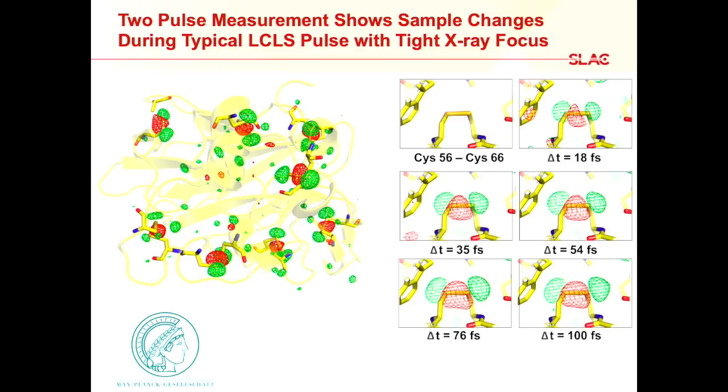So as you can see, they just fly farther apart. As I said, green is where they're going and red is where they used to be. So with time, those 2 sulfur atoms are clearly flying apart, while the rest of the molecule is not changing that much. So that definitely challenges our assumption, under very, very intense, very tight, small X-ray illumination, whether there's no change in the sample or not.